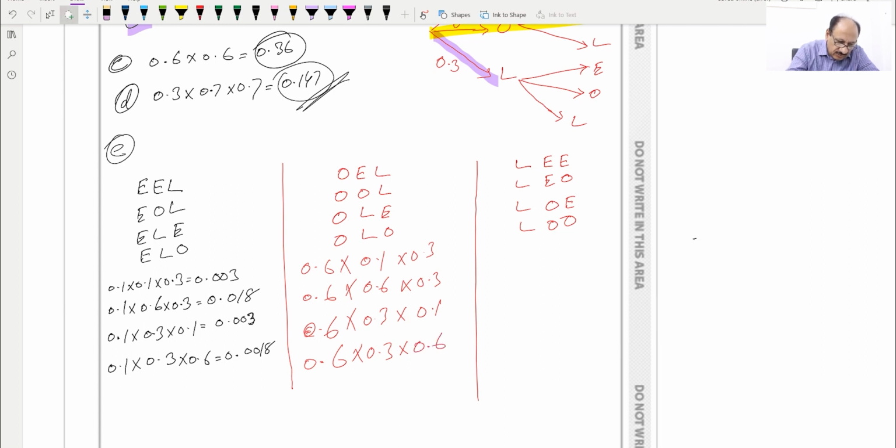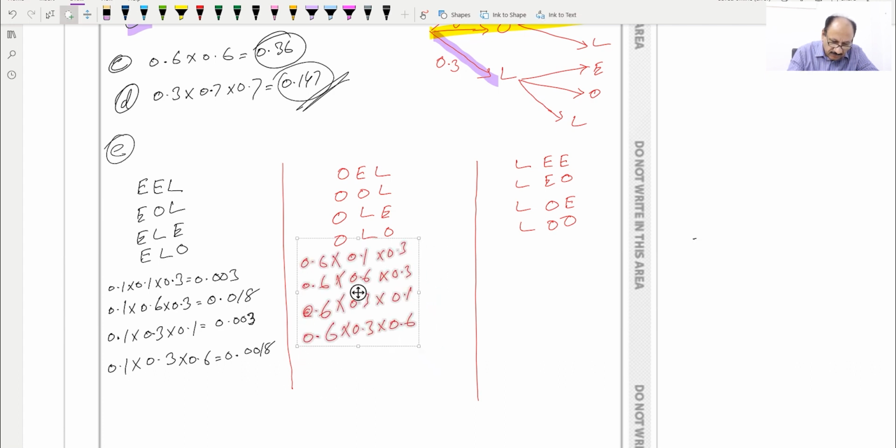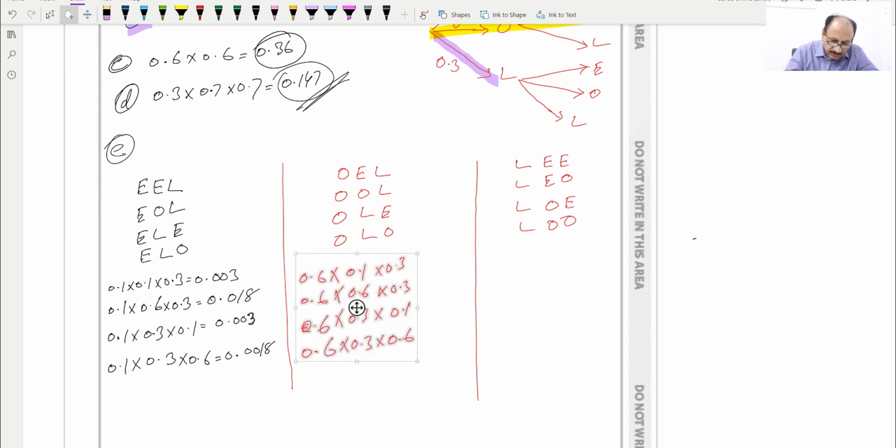And then we can reduce the size to make space over here, and then we can adjust this one.